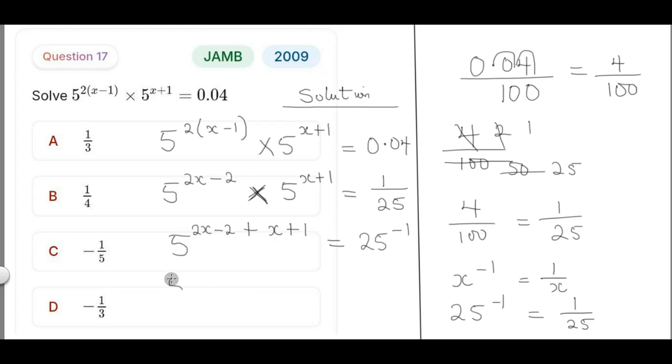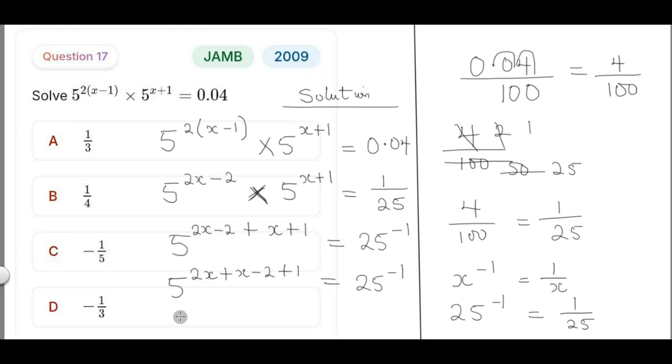I have 5 raised to the power of 2x. Where else do I have x here? I have x here, so this will be plus x, minus 2, plus 1. I'll take the letters to one side and the numbers to one side, equal to 25 raised to the power of minus 1.